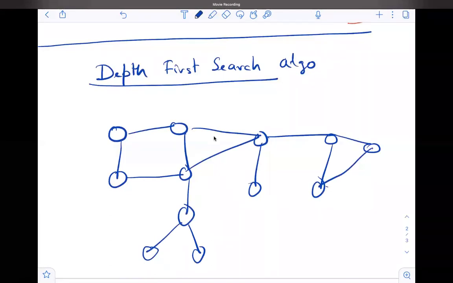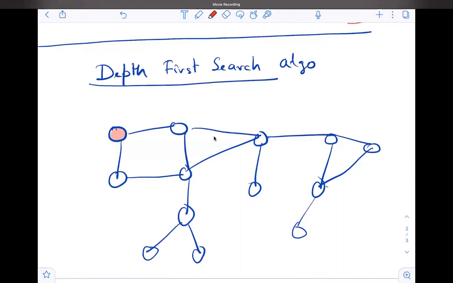The depth first algorithm would be like this: I start from some place, here. Then I just keep on going. As I told you with the analogy of learning, it is when you take one subject and learn everything, and then you go to the next subject.